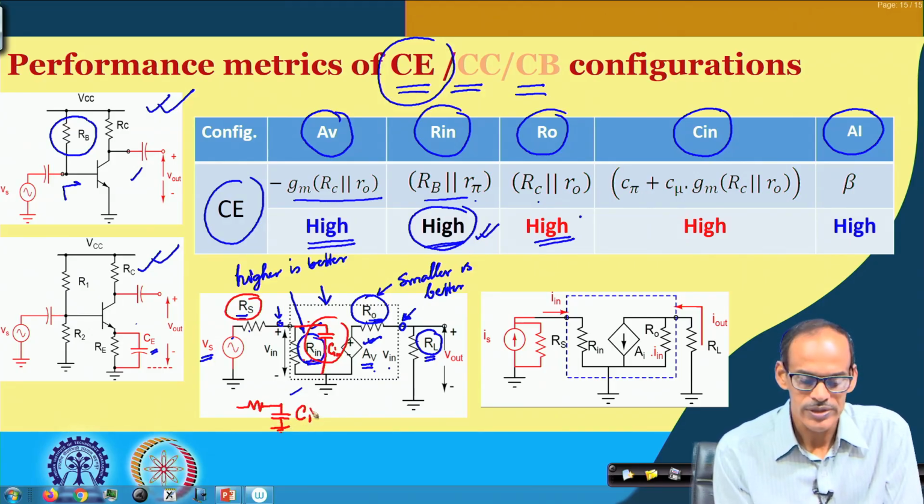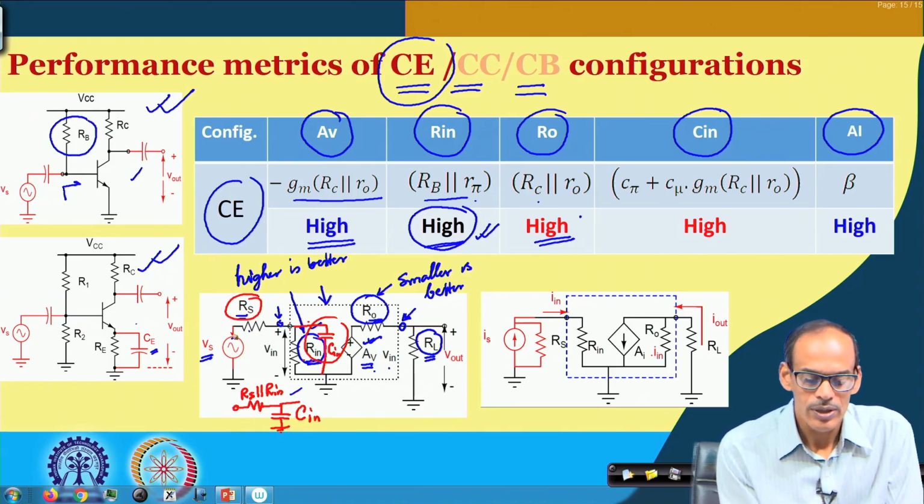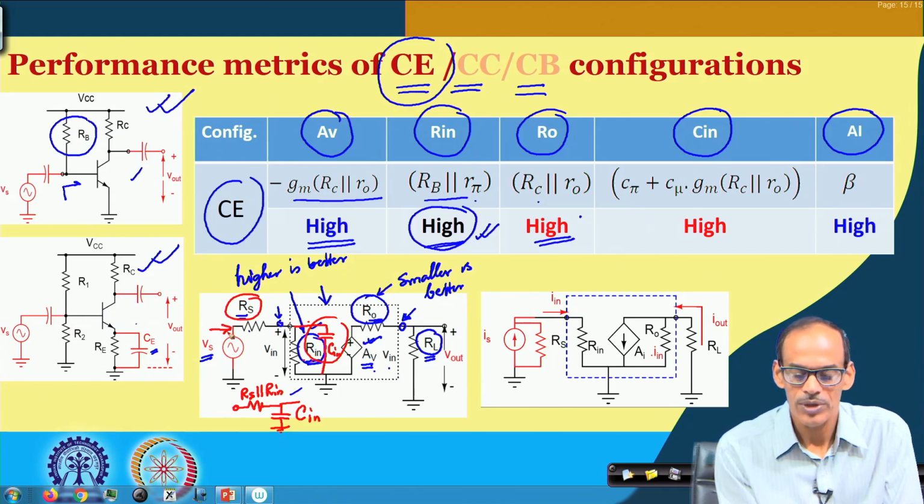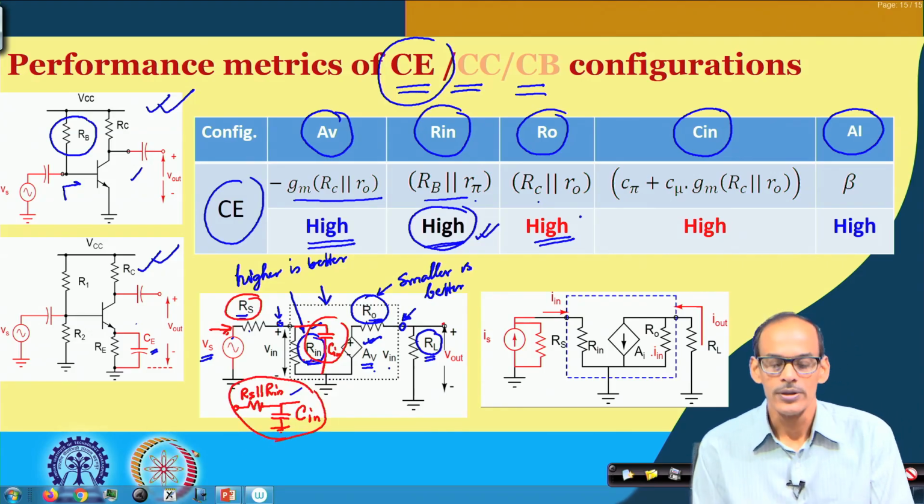So, I should say this C in and R s in parallel with R in are forming an RC circuit. So, the upper cutoff frequency of the frequency response of the amplifier, starting from the primary input to the primary output, may be defined by this RC time constant.